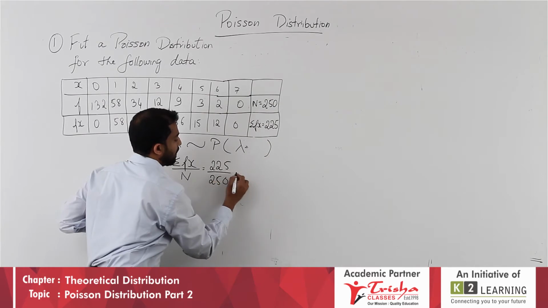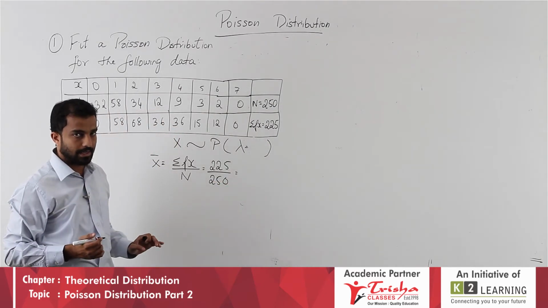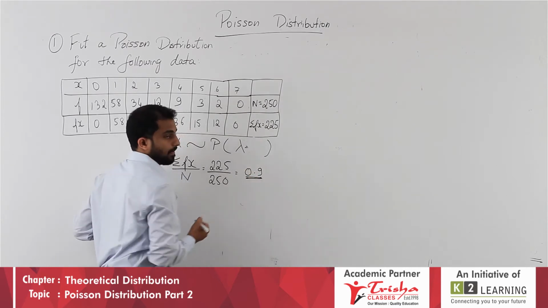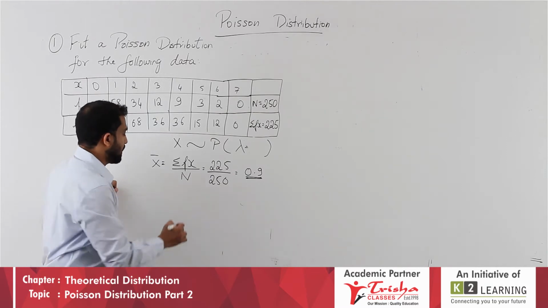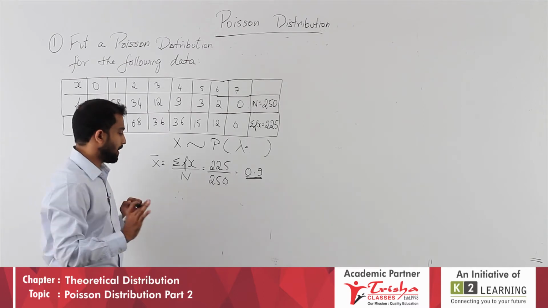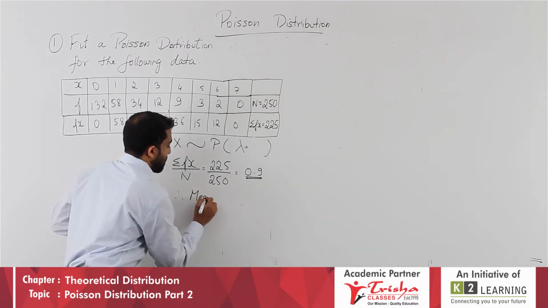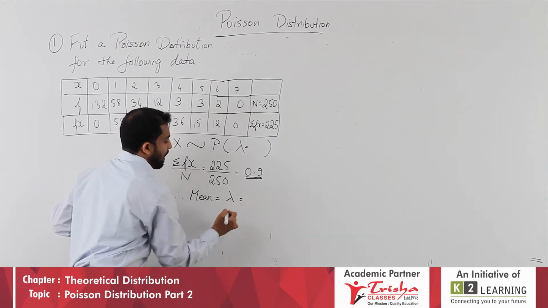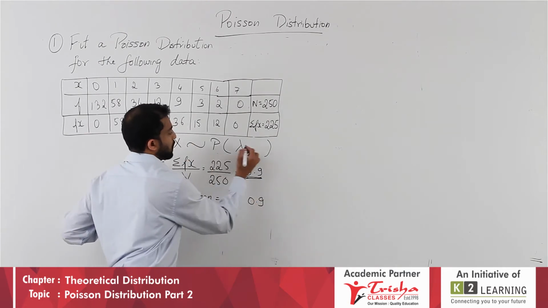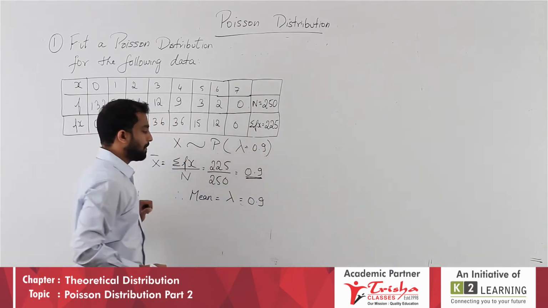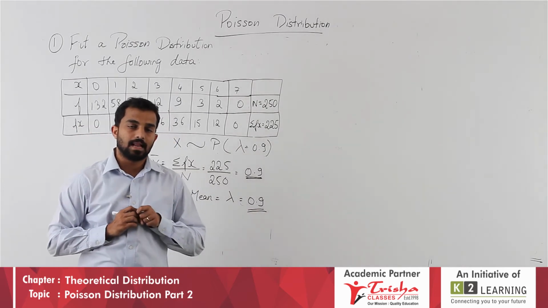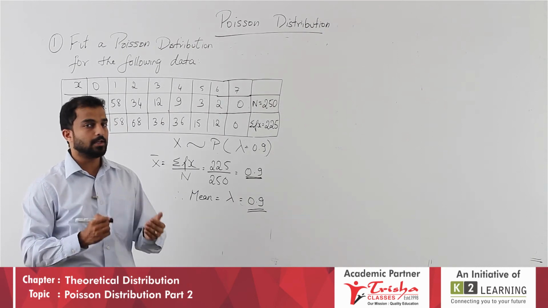When you divide it using your calculators, you will get 0.9. What does it mean? It means that the mean of a Poisson distribution is lambda, and lambda is 0.9, and that is what we had to find out.